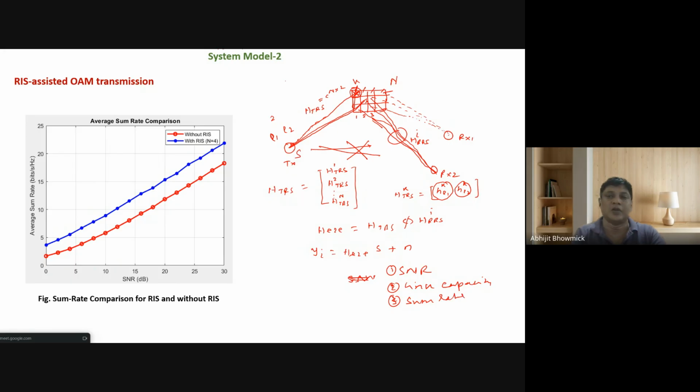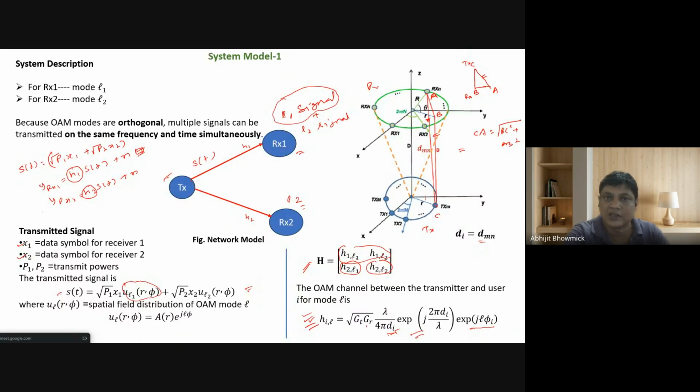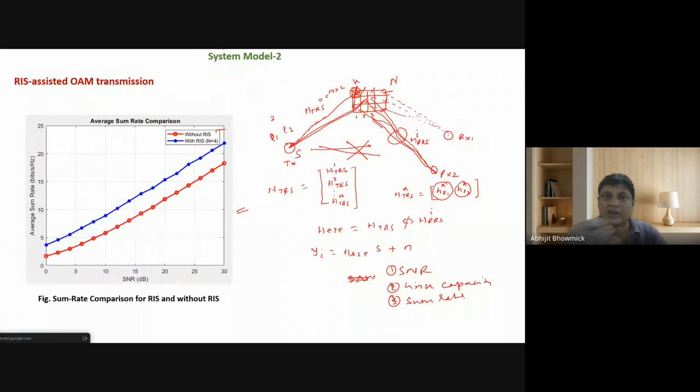I can model sum rate and all. So here one result is given for sum rate without RIS. That previous system, what I considered, the previous system where there is no RIS, this one. And now if I consider the system with the RIS, just I place the RIS, how the system performance improved, that you can see in this result. Just I use 4 elements.